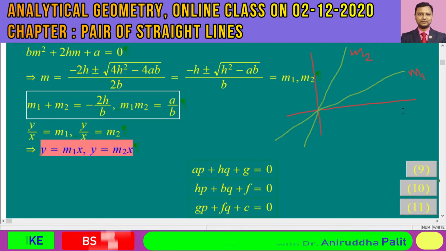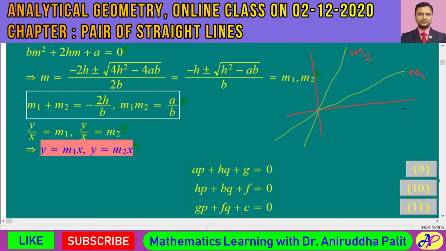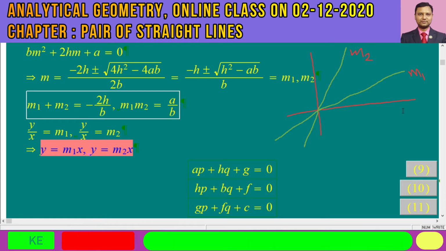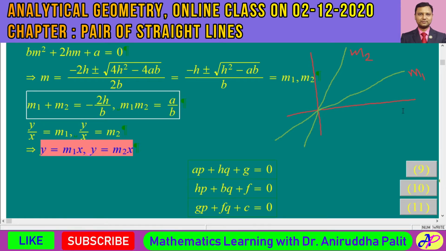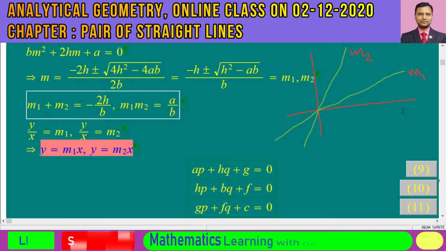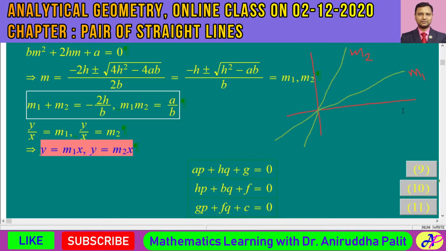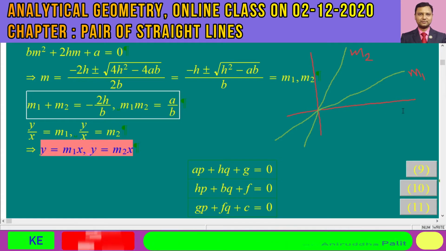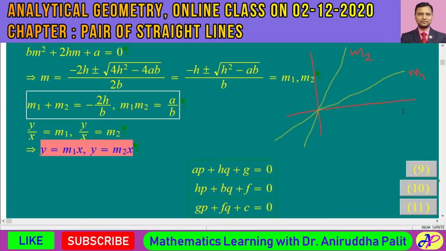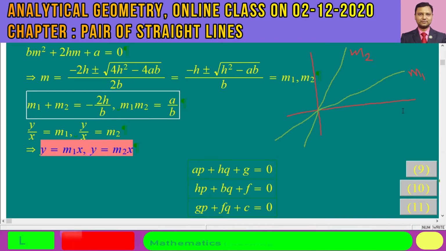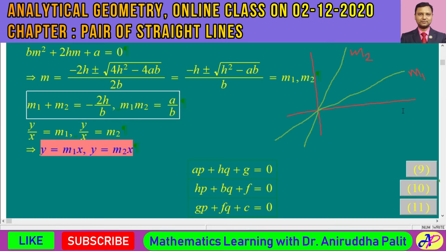That's why in this case also, when m1 and m2 become complex numbers, we cannot say that they represent two real straight lines in the two-dimensional xy plane. But we keep the option open for any future study, because we don't know whether in future we will get any geometric interpretation of these equations when m1 and m2 become complex numbers.